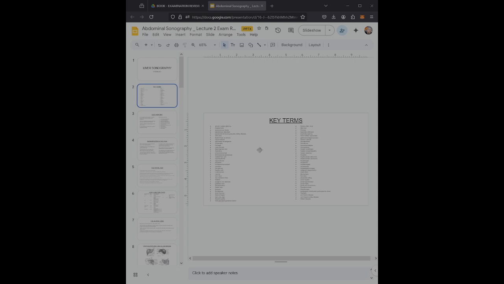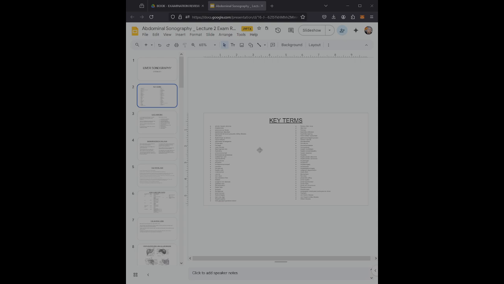Amoebic hepatic abscesses. These are abscesses that develop from a parasite, and the parasite is the amoeba, the unicellular organism, and it ends up invading the colon where it grows. Then it goes on to invade the liver via the portal vein.